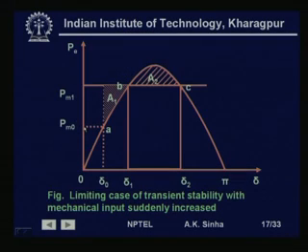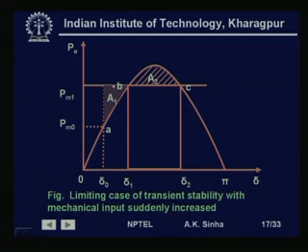Now, suppose we have a situation where we increase this mechanical input from P m 0 to P m 1 such that now this is the accelerating area, which is equal to the decelerating area, which will be coming up to this point.